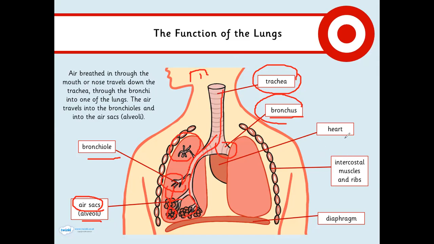Wait, teacher, what are those bean things? That's called the intercostal muscles and ribs. Now, really, you don't have to know this at this point. The important ones are the diaphragm, bronchiole, bronchus, heart, of course, because that blood goes to the heart behind. And that's all, just some basic body parts.